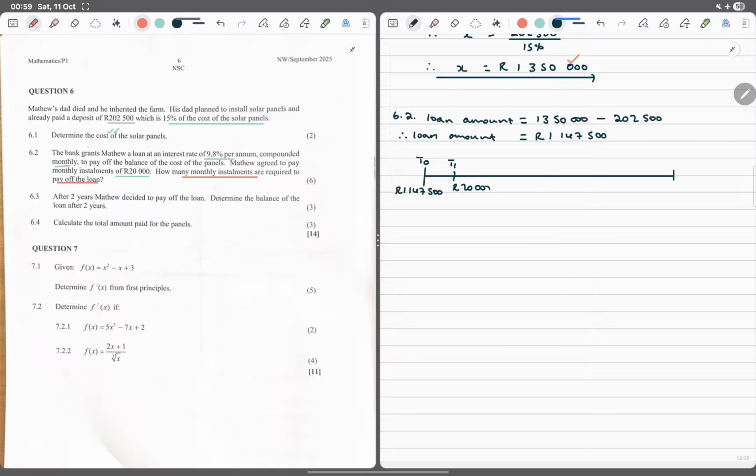Because we were not told that there is some form of a delay. And we don't know how many of these there are going to be, but we can assume this is what is going to happen. So let's do all things nice and easy. So 9.8% per annum compounded monthly.